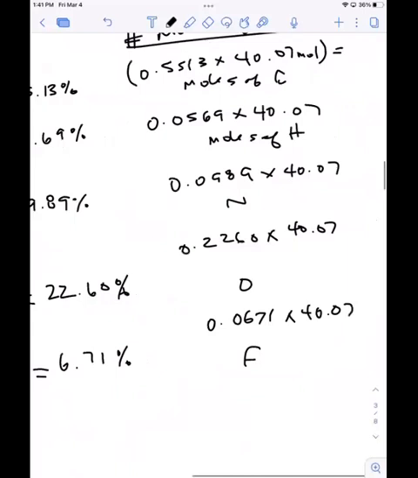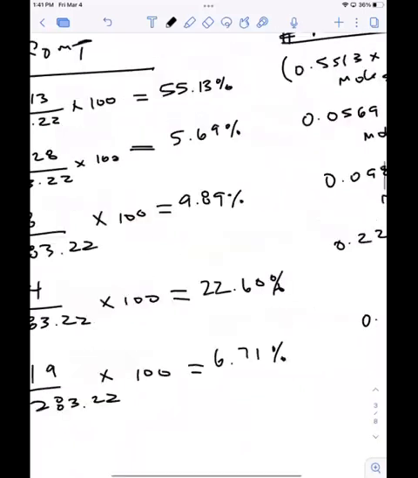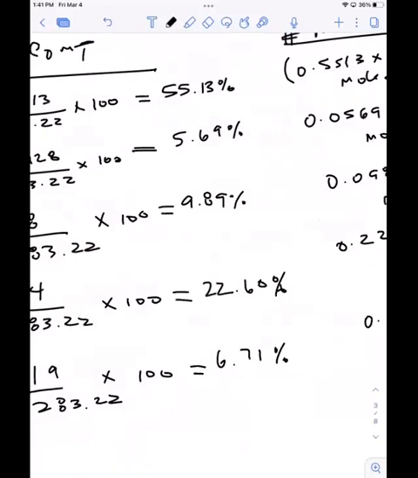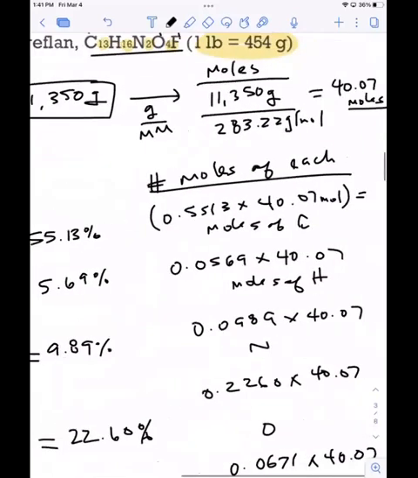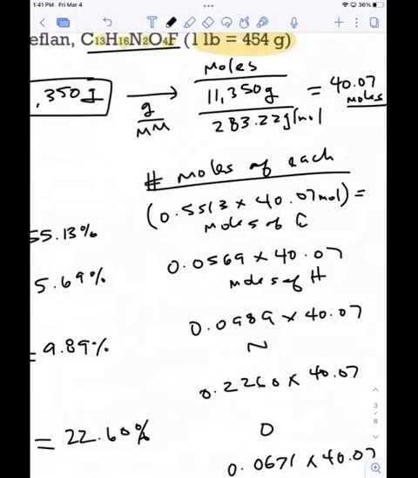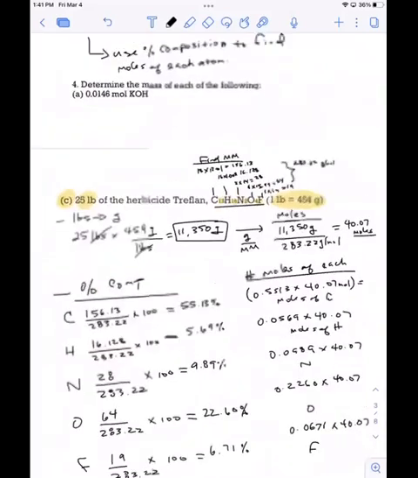And when you get the number of moles of each one, you should be able to sum them back up and they should equal 40.07. That's how you know when you did it right. We could also figure out the grams from the percentages, and the grams should all add up back to 25 pounds or 11,350, or we can multiply each percentage by the total number of moles, and we should get what part of that whole each one of those is. All right. Any questions about that one?